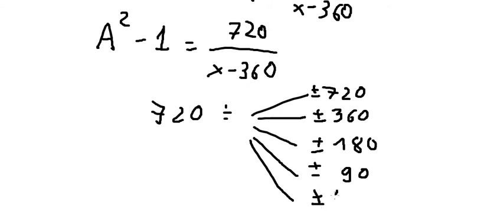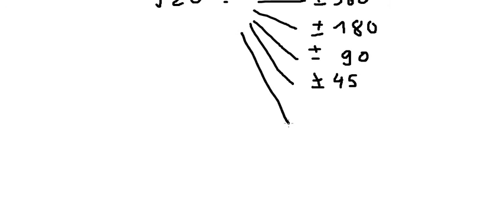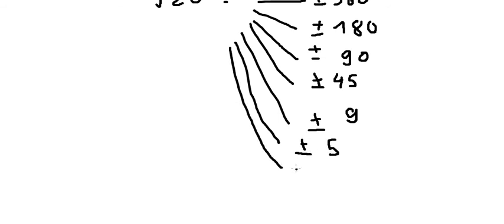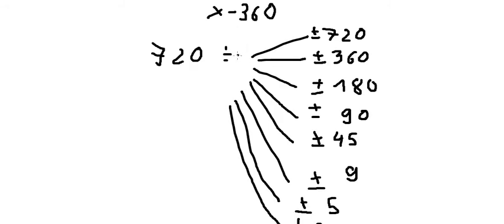Positive, negative, 45. Positive, negative, 9. Positive, negative, 5. Positive, negative, 2. So if we go on this way, that's a lot. So I will have another way.